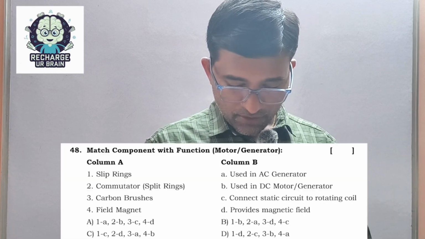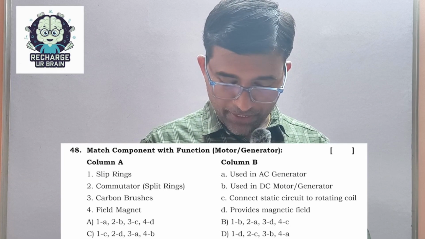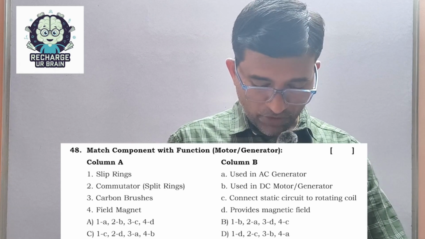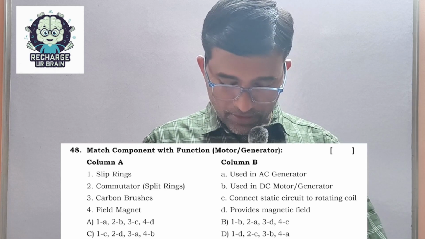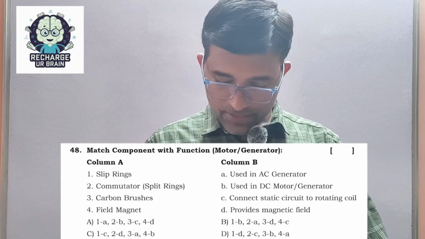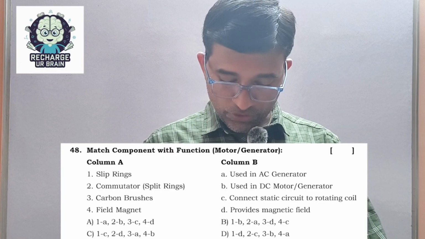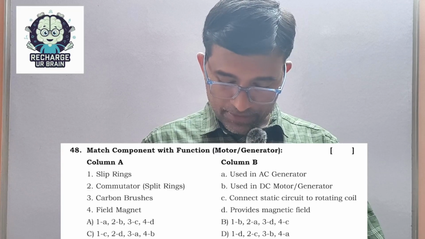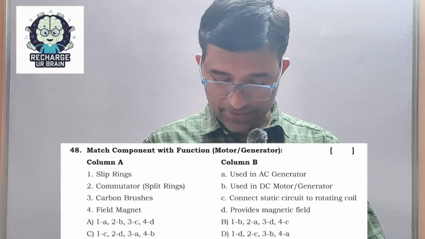And next one, 48th. Match component with function, motor generator. Now 48th bit. Slip rings used in AC generator. We know that is to reverse the direction of the current. Commutator slip rings used in DC motor or generator.